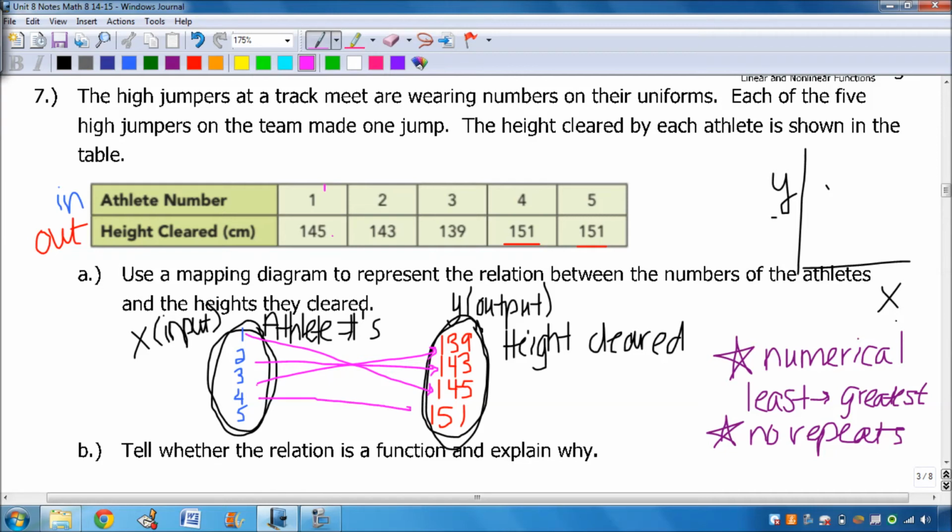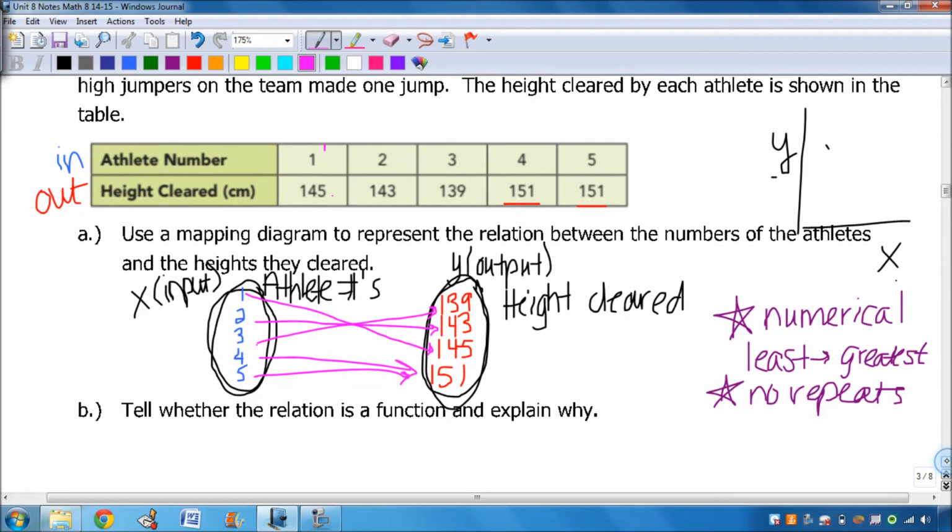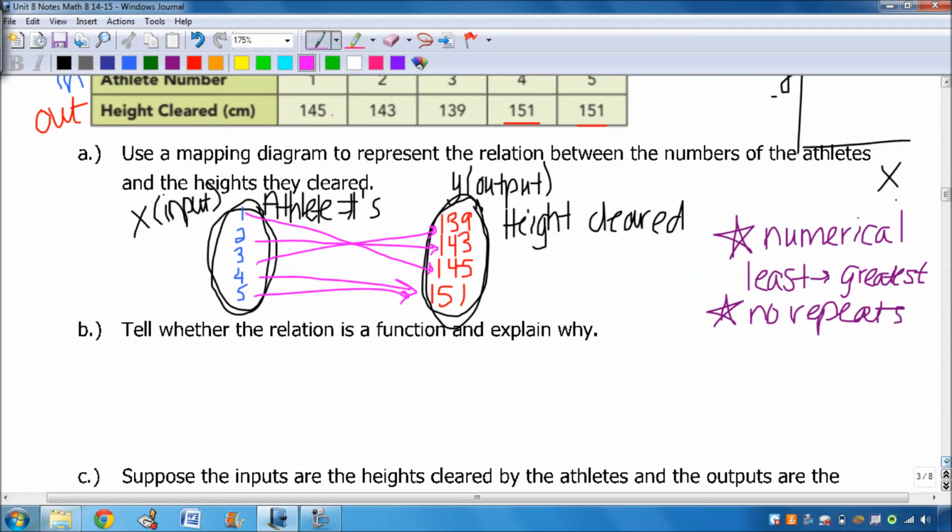Athlete 4 will go to 151, and athlete 5 will also go to 151. Now we want to know, is this a function or not? Well, let's look at all of our inputs. Do any inputs have more than one output? No, each input only has one output, so we're going to say that this is a function because each input has only one output.